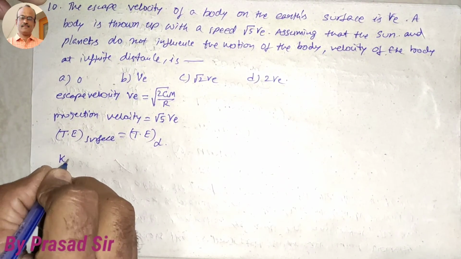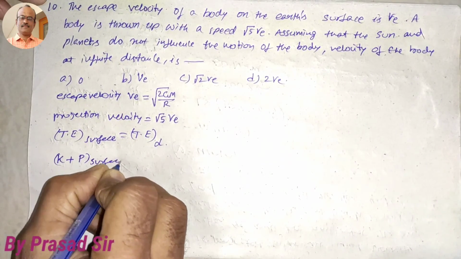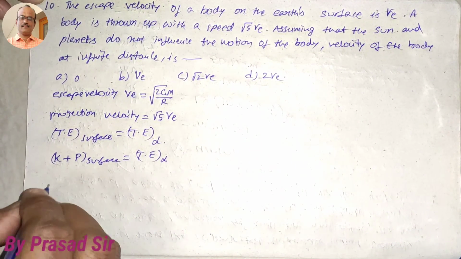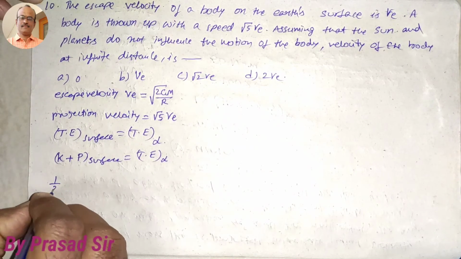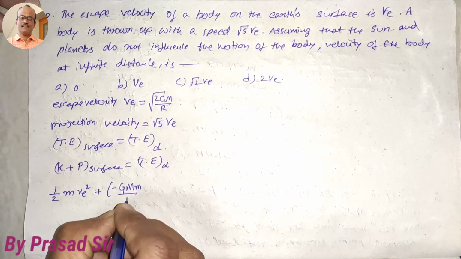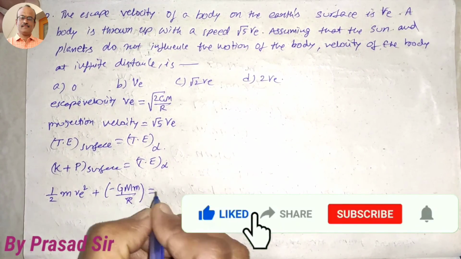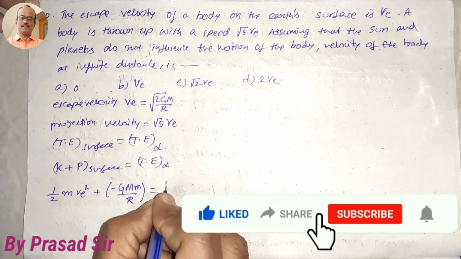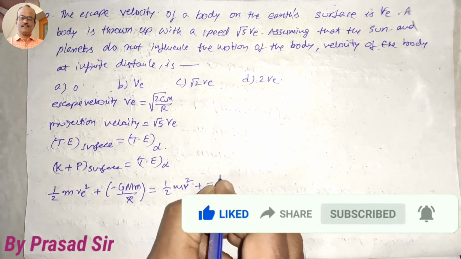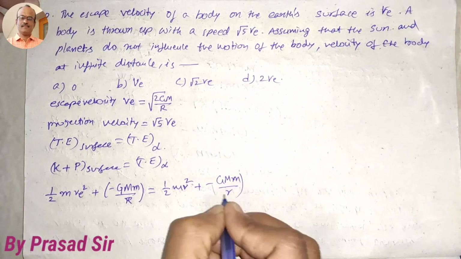So total energy is nothing but kinetic energy plus potential energy at surface is equal to total energy at infinity. So in this case, kinetic energy means what is that? Half mv square minus capital G, capital M, small m divided by capital R is equal to total energy at infinity, that is half mv square plus minus capital G M small m divided by small r.